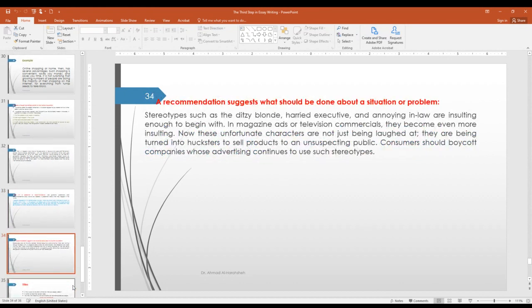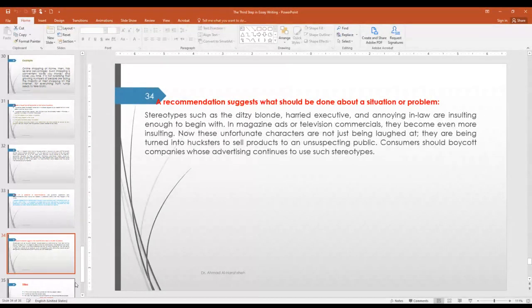A recommendation suggests what should be done about a situation or a problem. Stereotypes such as ditzy blonde, hairy executive, and annoying in-law are examples, insulting enough to begin with. In magazine ads or television commercials, they become even more insulting.